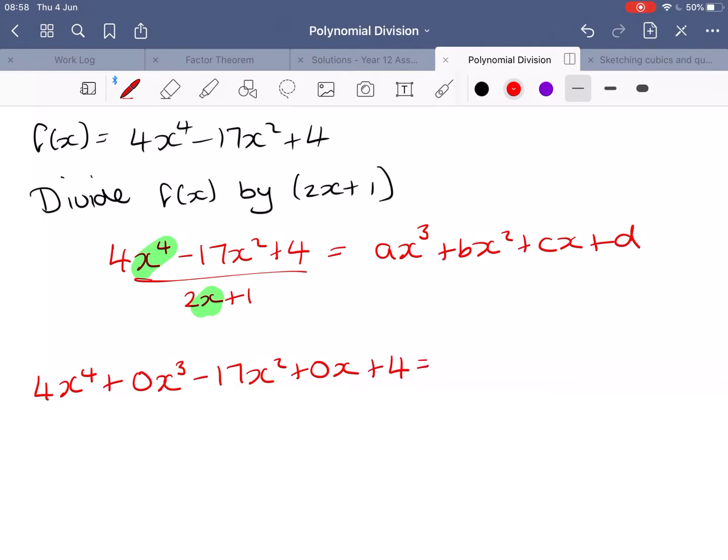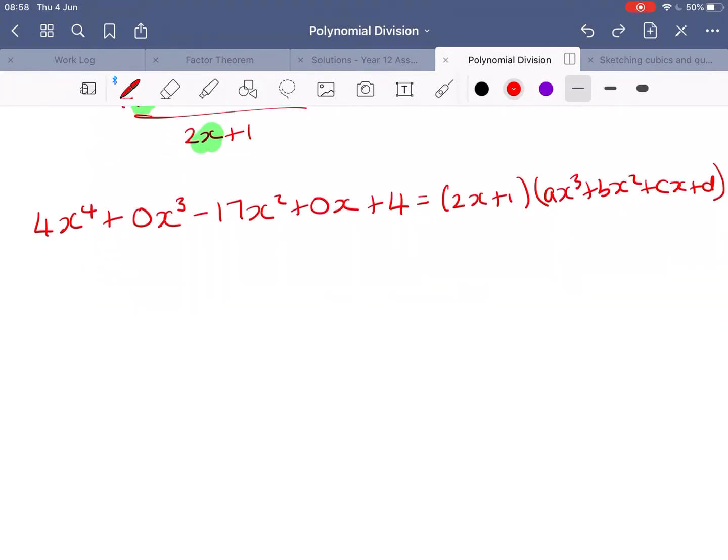I know it seems a bit silly writing that down, but you really need to do it because it's really important that you don't forget the x cubes because we want everything to line up nicely. And we say, well, that's going to be equal to 2x plus 1 multiplied by ax cubed plus bx squared plus cx plus d. Now, you don't actually have to write this statement down, okay? But I would always write that part down personally.